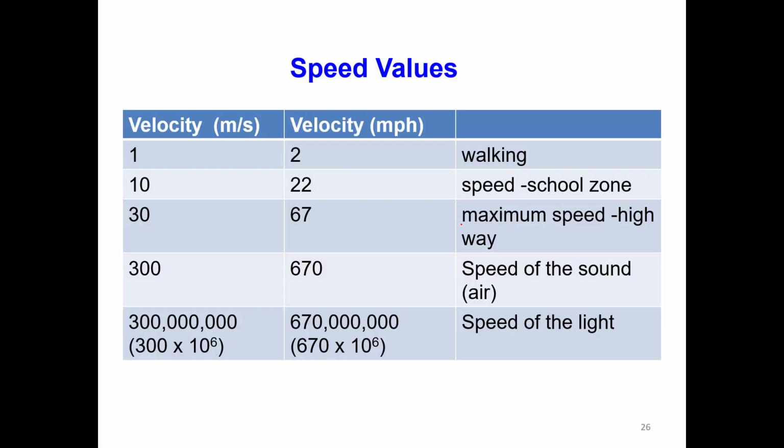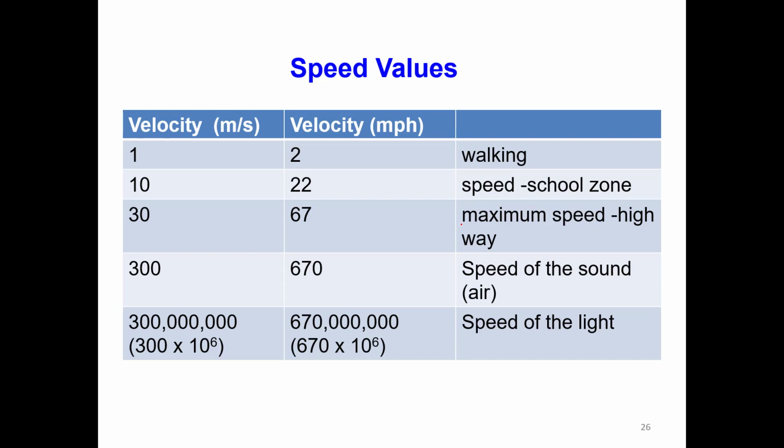With this table, I want you to have some reference points to think about when we talk about different velocities. How high is one particular velocity? For example, 1 meter per second is the speed we can walk, and this is equal to 2 miles per hour.